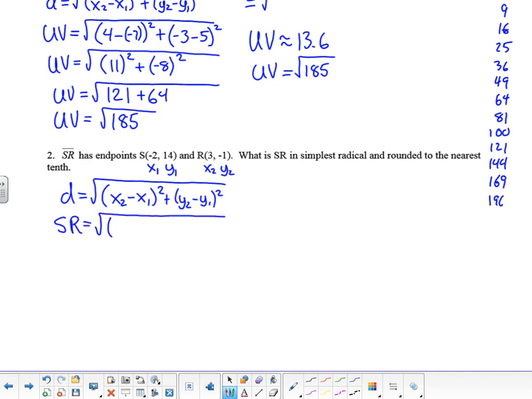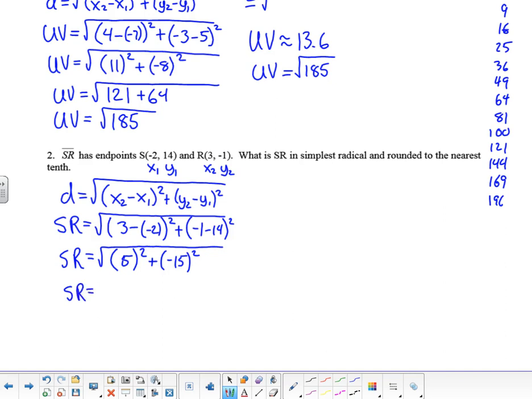So it's going to be x2 minus x1: 3 minus negative 2. Notice I put that negative 2 in its own set of parentheses. Plus negative 1 minus 14 squared. So SR is going to equal, 3 minus negative 2 would be 5 squared plus negative 15 squared.